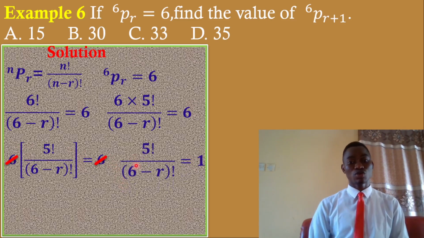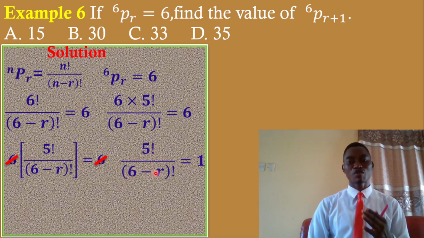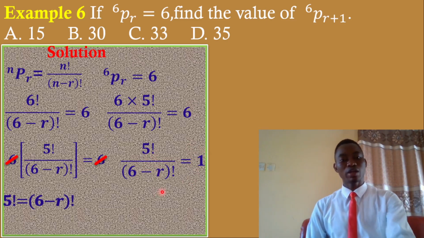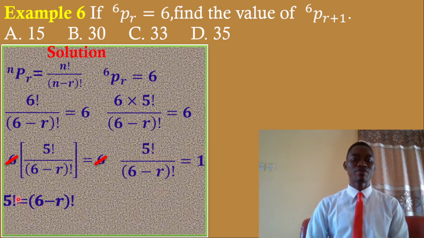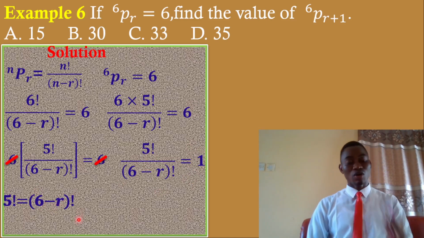So what we have left is 5 factorial all over (6 minus r) factorial equal to 1. At this point, we need to cross multiply. When we cross multiply, we'll have 5 factorial equal to (6 minus r) factorial.